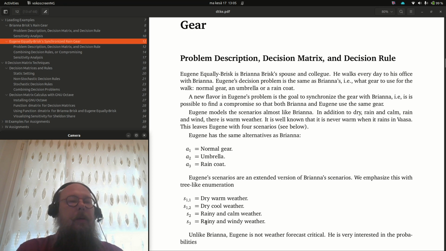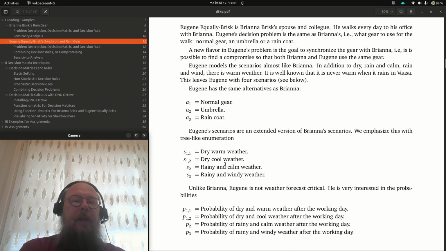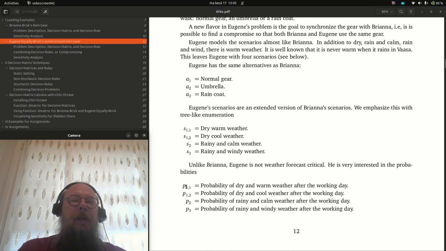And now, unlike Brianna, Eugene is not weather forecast critical. So he is very interested in the following probabilities, probabilities for the scenarios. So for example, P11 is the probability of S11, that is the probability of dry and warm weather after the working day. P12 is the probability of scenario 12, that's the probability of dry and cool weather after the working day.